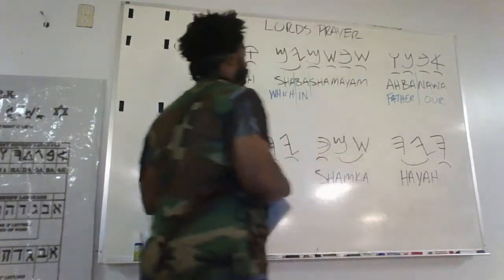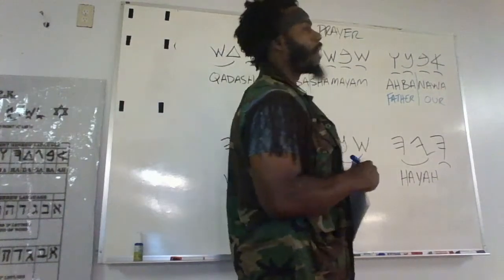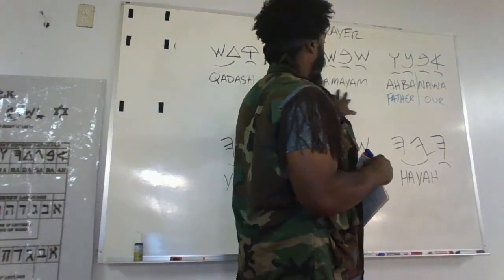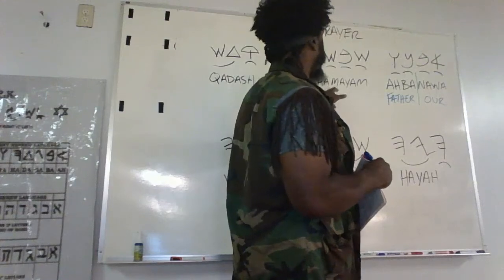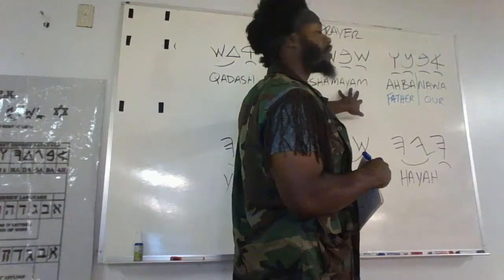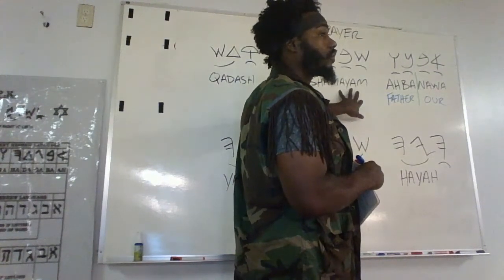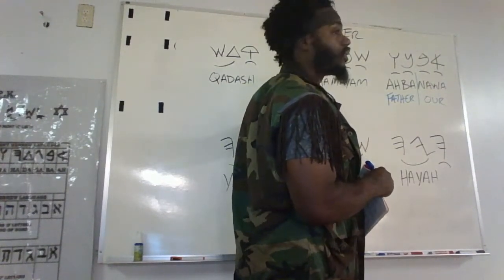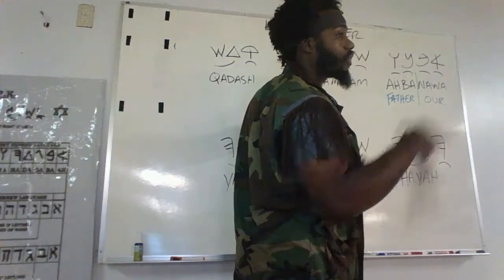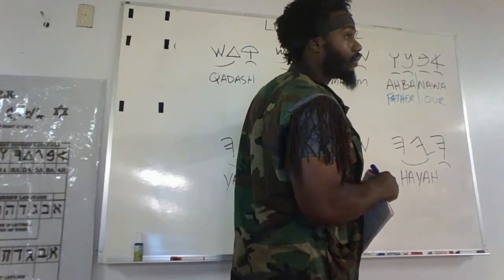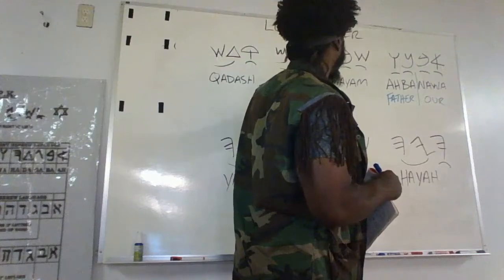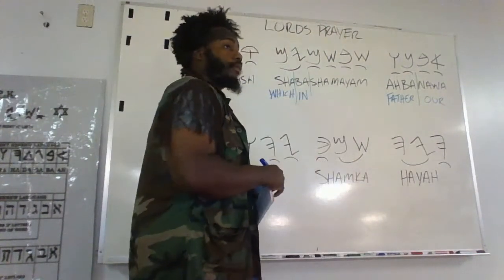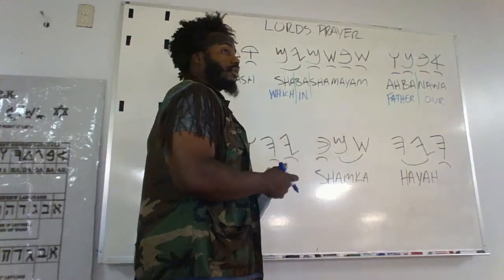Shemayim is a noun, but it also has a prefix on it because the root word here is mayim. Mayim is water. What does sha mean? Or pertaining to waters. So what is that?